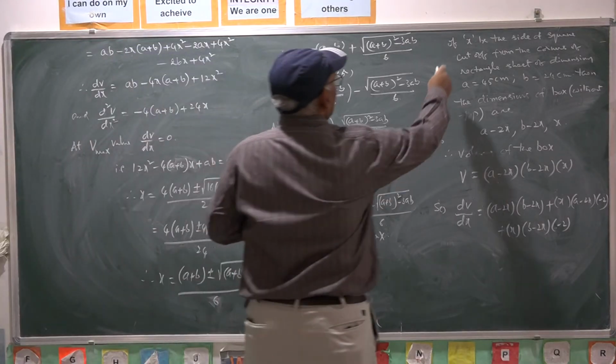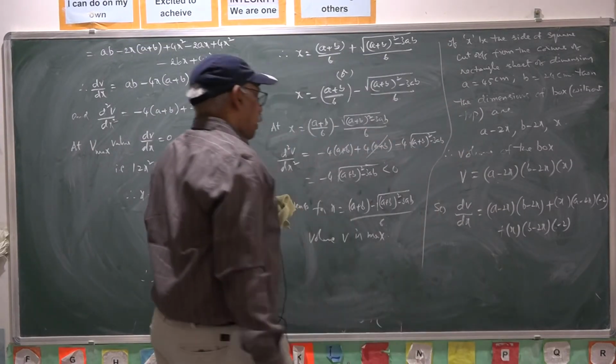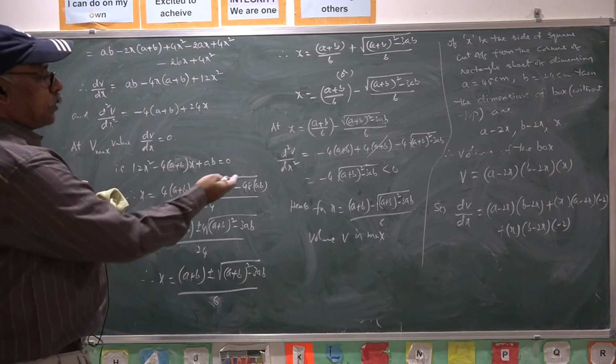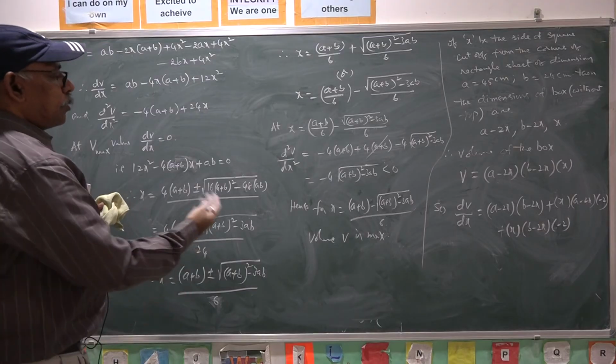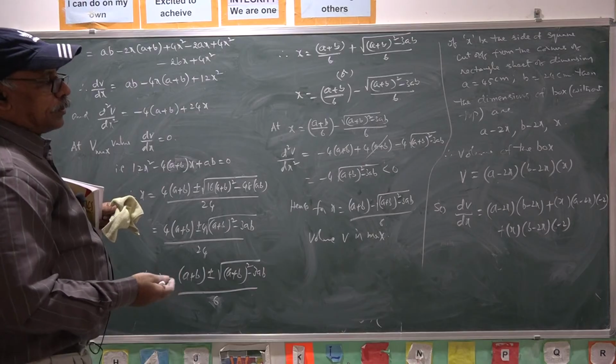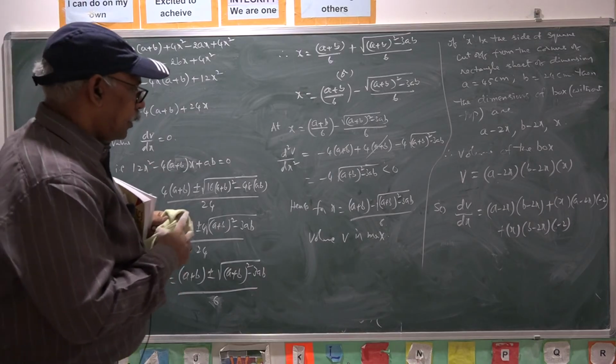So, this is a formula for these problems. Now, you can put A equal to 45 and B equal to 24 in this formula to get the value where the volume of the box is maximum.